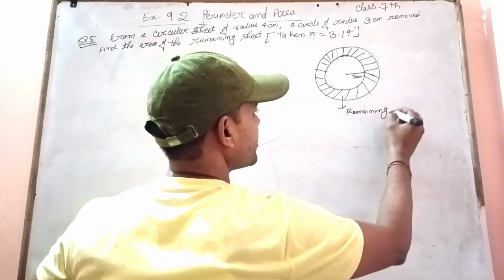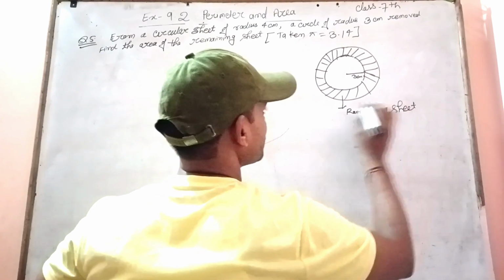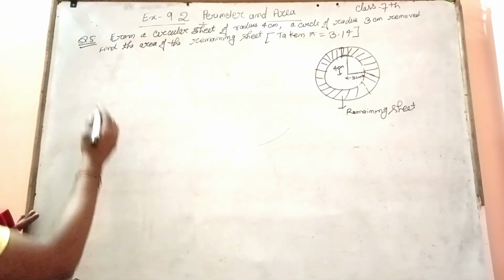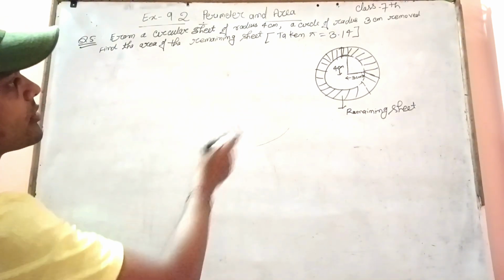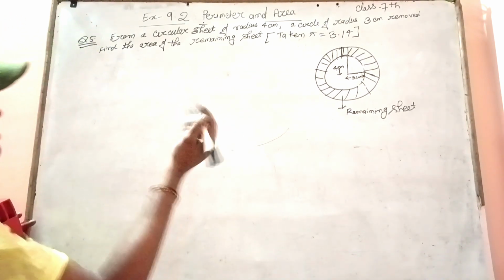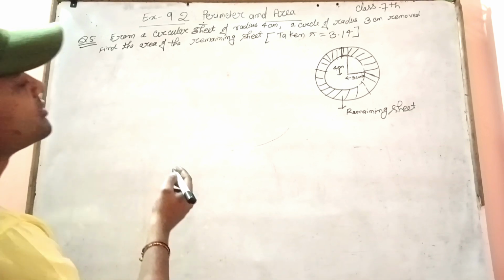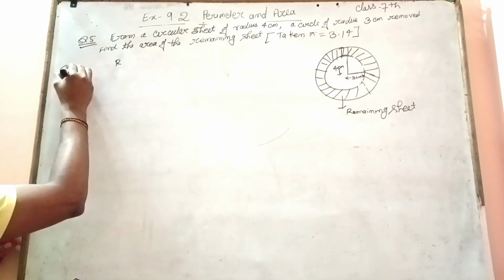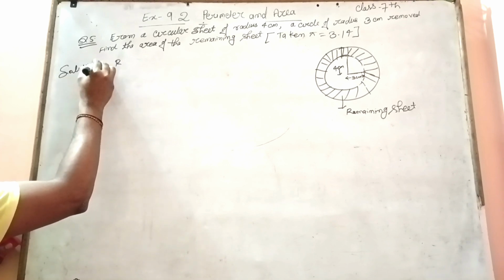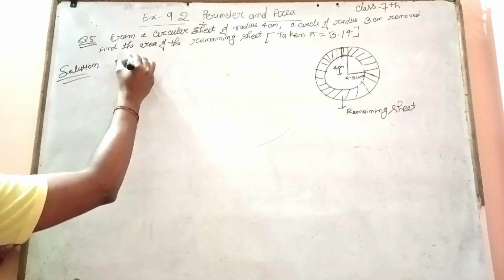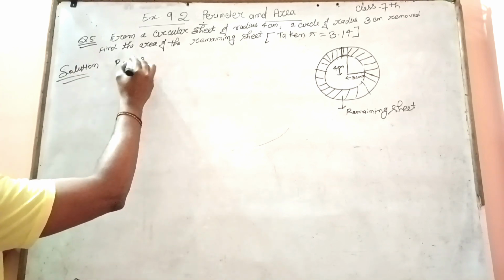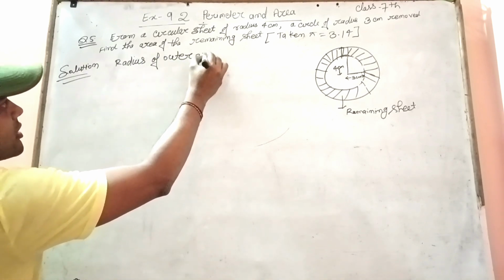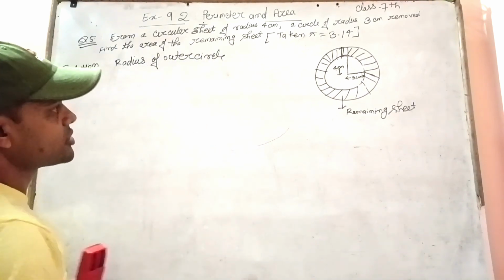Radius of the greater circle, radius of the outer circle is equal to R1.